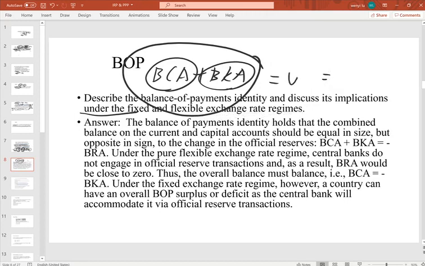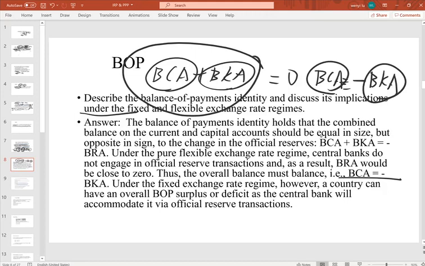Then our BCA and BKA will equal 0, so these two will offset each other. You can see the BCA will be equal to minus BKA. So these two have the same value, but the sign will be offset.